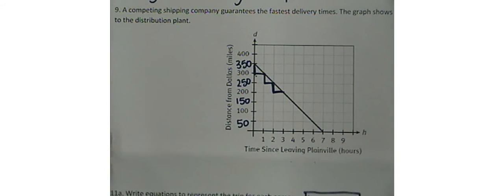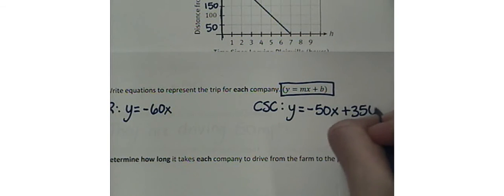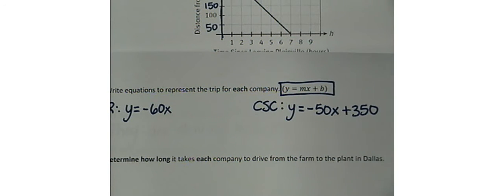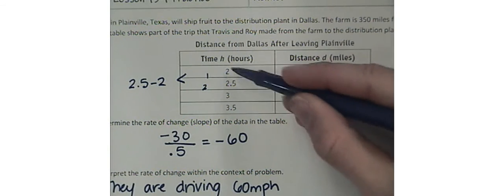And what is the y-intercept of the graph here? Where your line touches your y-axis, where do you start? It's at 350. So your y-intercept here is 350. Now, I can't look at my table and find my y-intercept because I don't have a time 0.